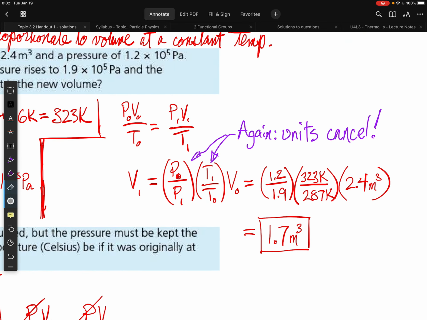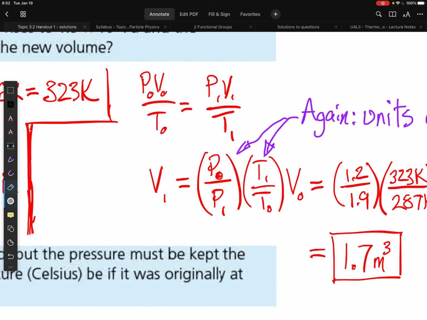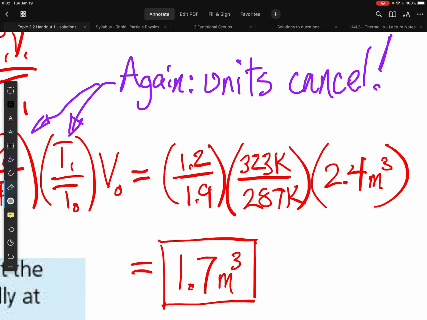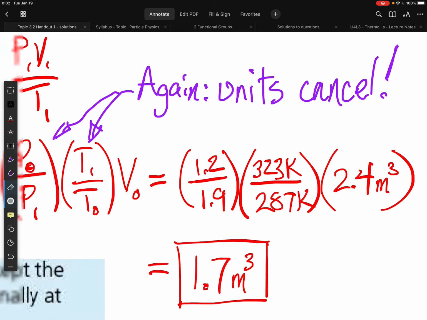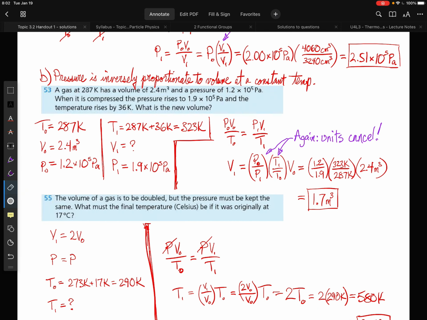And we pop them into the equation, and we find that we have 1.7 meters cubed. Conveniently, our units are going to cancel out when we plug them in, so you don't really have to write either Kelvin or pressure if you don't want to. They're just going to cancel out.